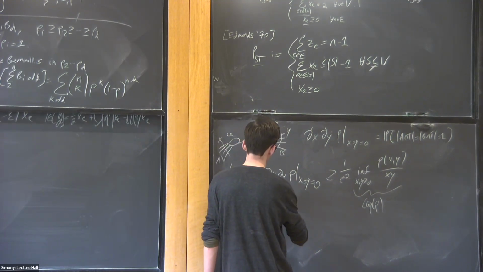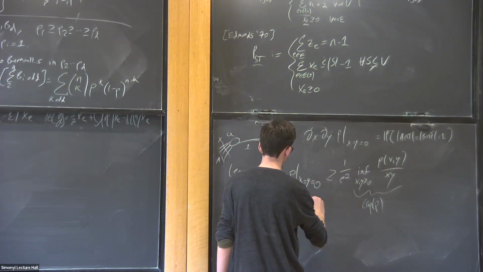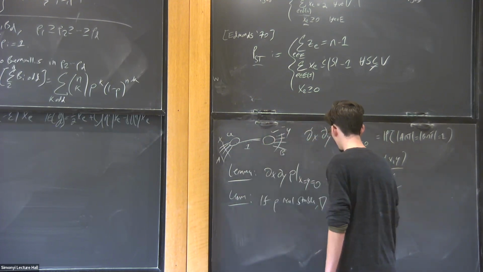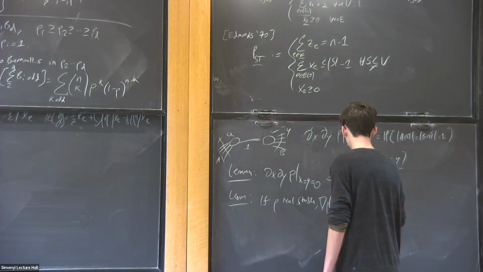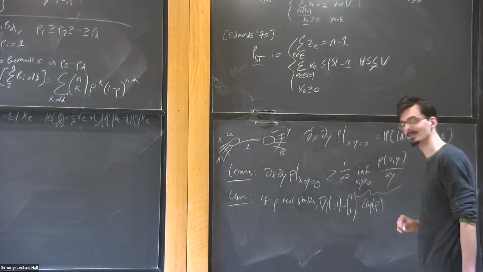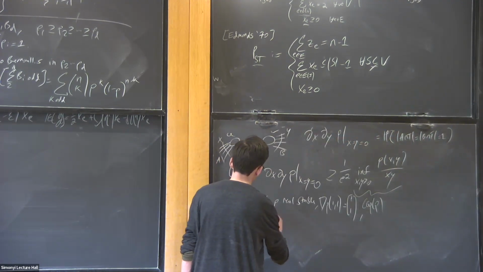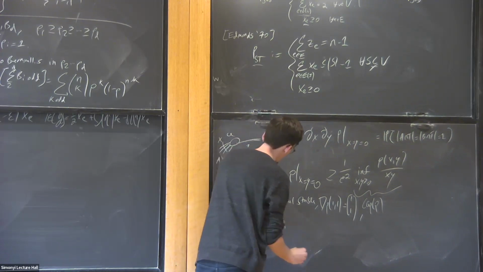if P is real stable and its gradient at (1, 1) is (1, 1), then its capacity is equal to 1.